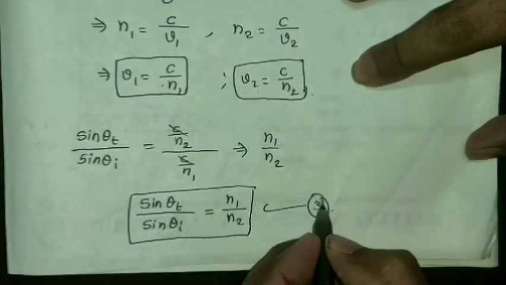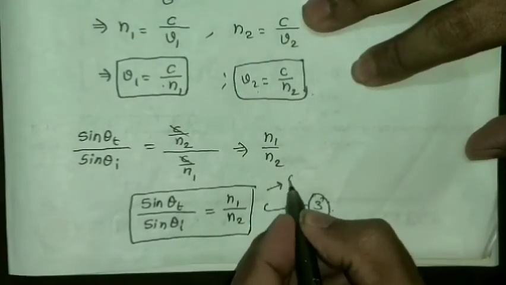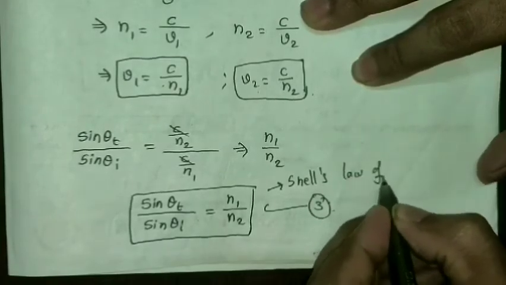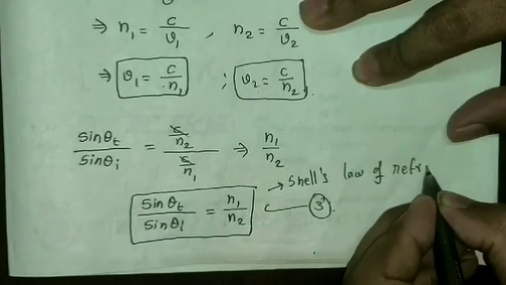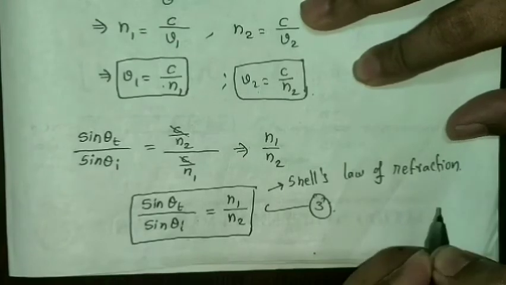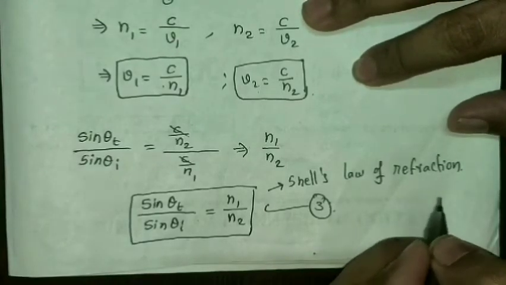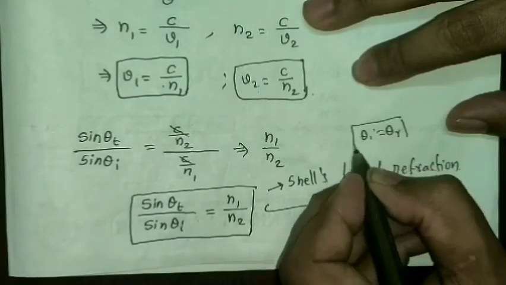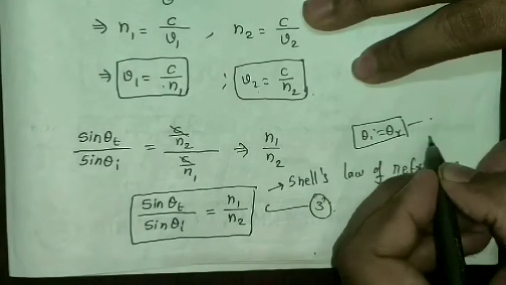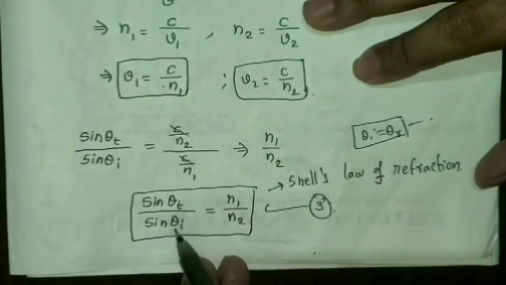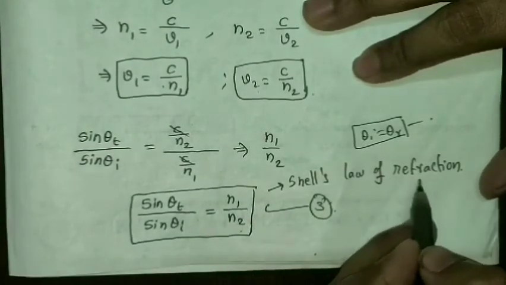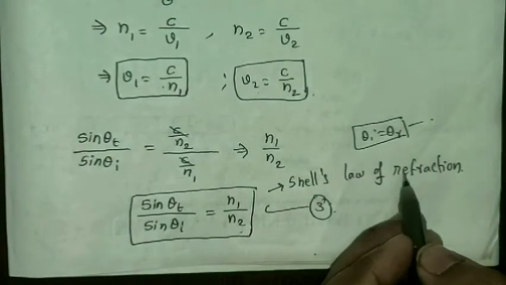This is also called the Snell's law of refraction. Before, we obtained θi equal to θr, which is called Snell's law of reflection, whereas sin θt by sin θi equal to n1 by n2 is called Snell's law of refraction.